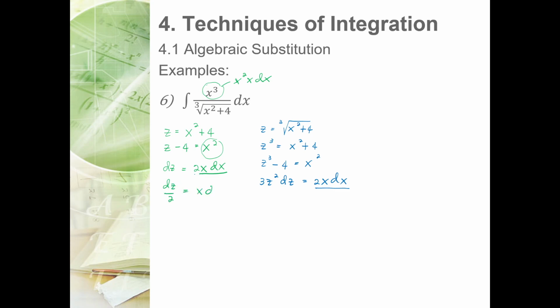So if we use this one first, x squared is your z minus 4, then x dx is dz all over 2, divided by the cube root of z.